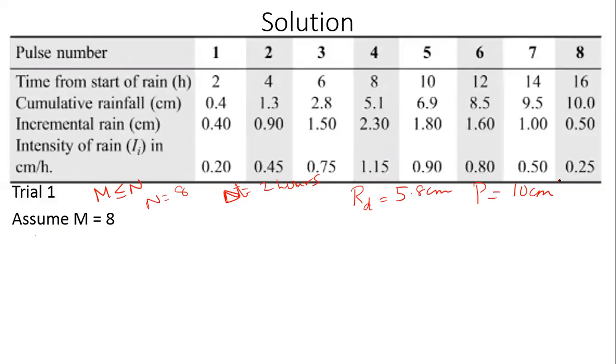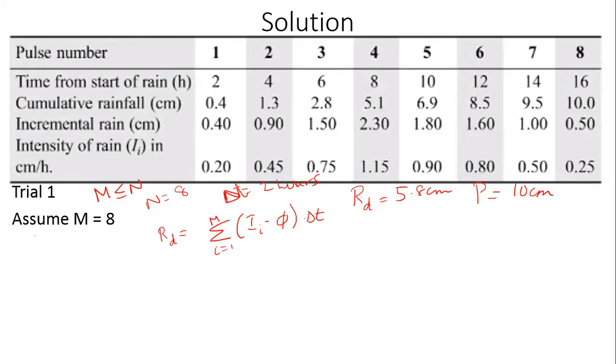Now I've assumed that M equals 8, which means if you remember the equation from the previous slide, RD equals sigma i equals 1 to M, (i_i minus phi) times delta T. Is that okay?